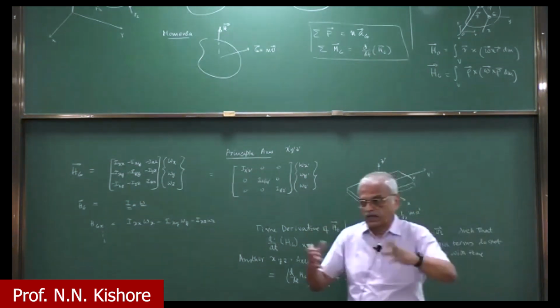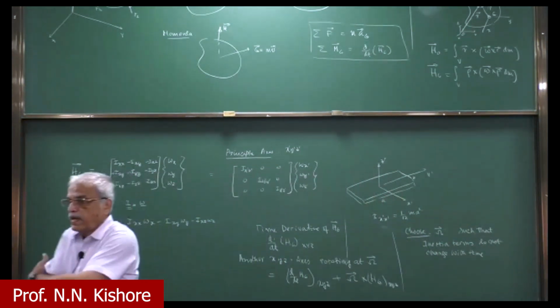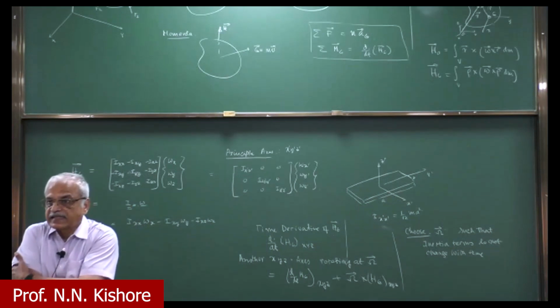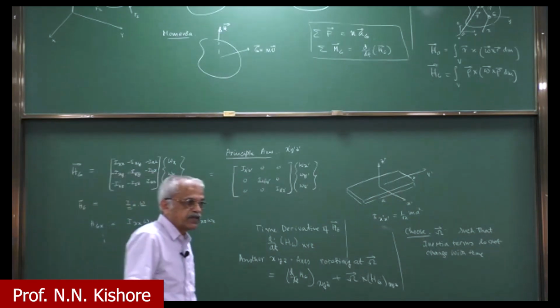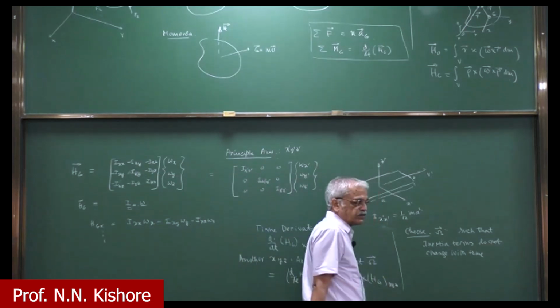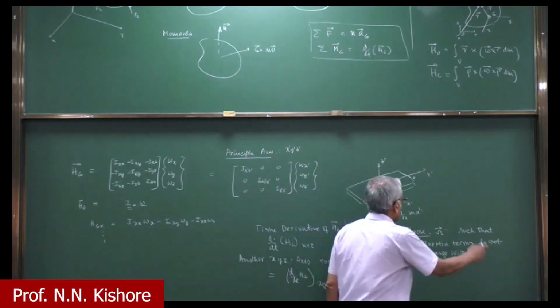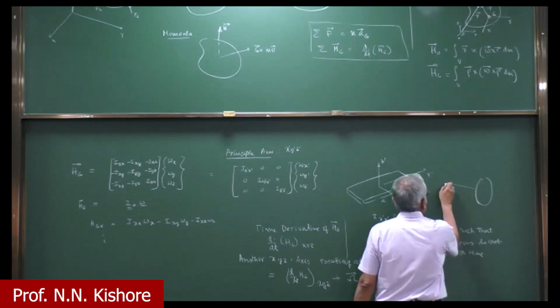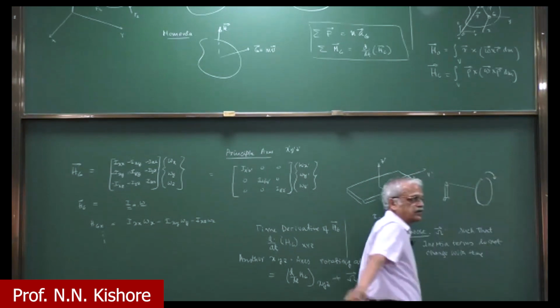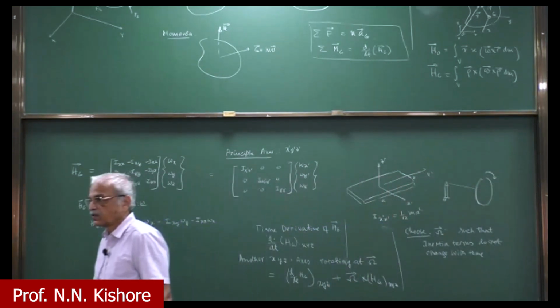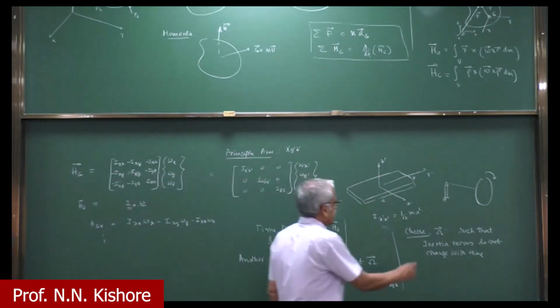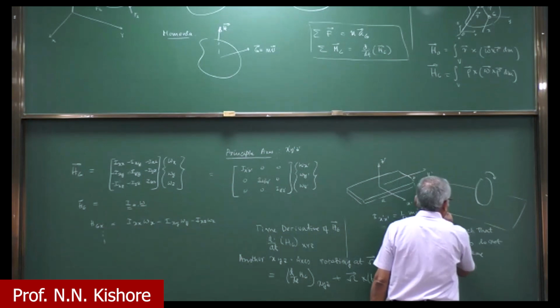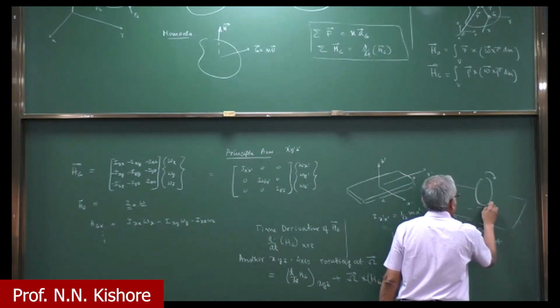Like if you have a disk which is rotating, then we can look for the axis about which the inertia may not change. Later on we are going to see some problems like this one, where there is a disk mounted.